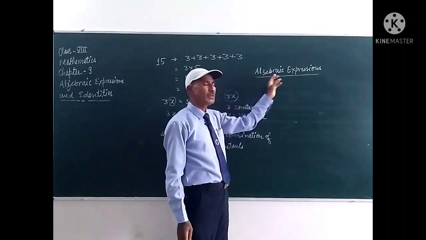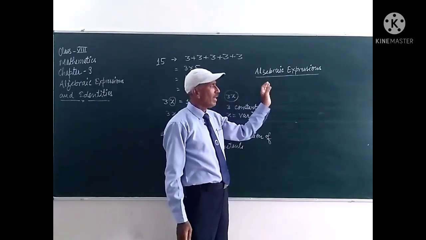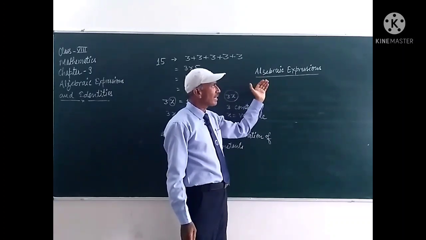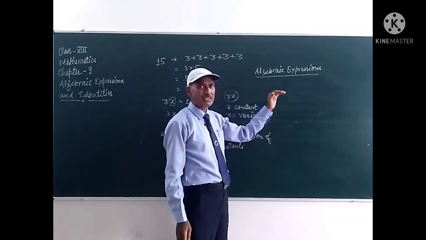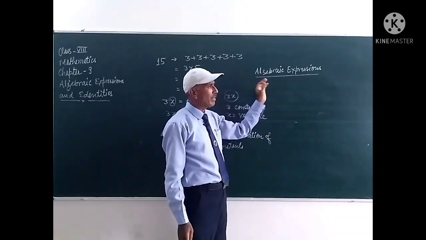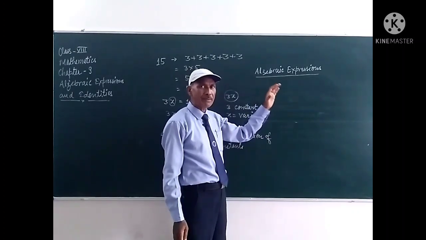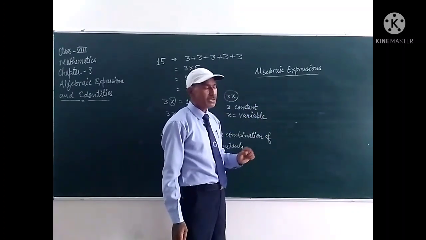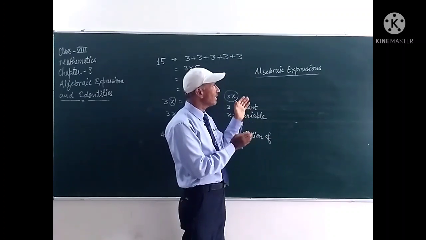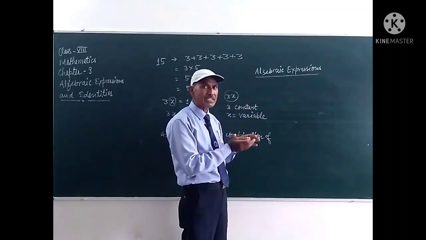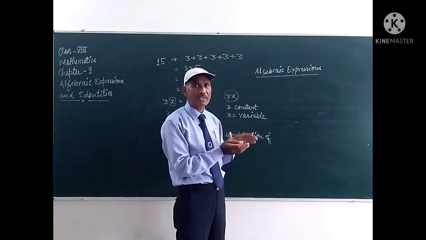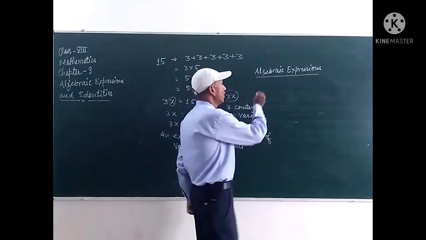So we must know about the algebraic expression. An expression is called an algebraic expression when four fundamental operations, or mathematical operations, are involved in it. So an algebraic expression is an expression in which four fundamental operations are involved.